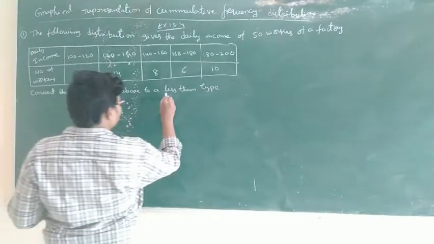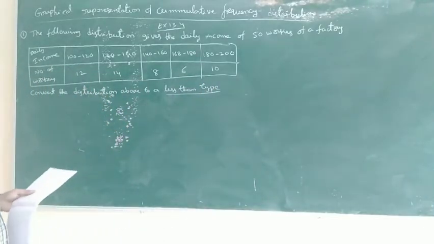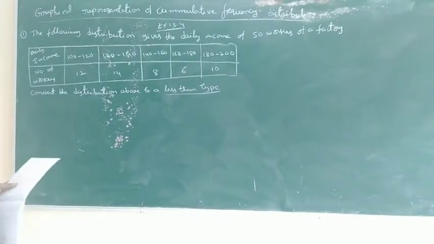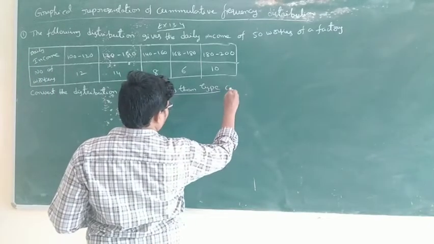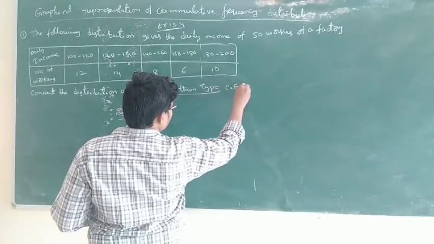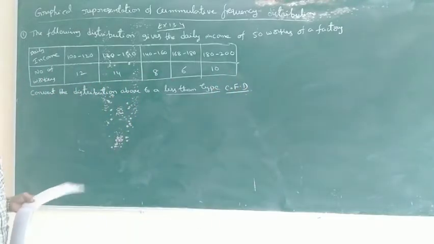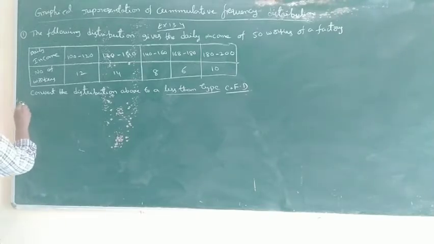This is important. Less than type, more than type. Less than type cumulative frequency distribution, simply CFD. This is the question. Solution.